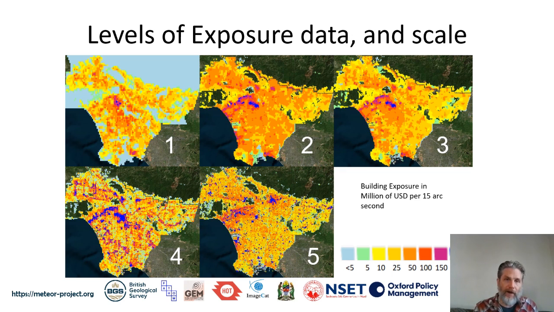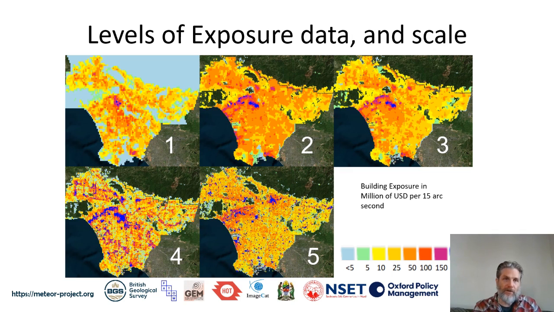We came up with 5 different levels, and here they are represented for Los Angeles County, which was used to represent uncertainty in the project as well. This is why it's in Los Angeles. But here we have 5 levels of data represented that we collected for Los Angeles.